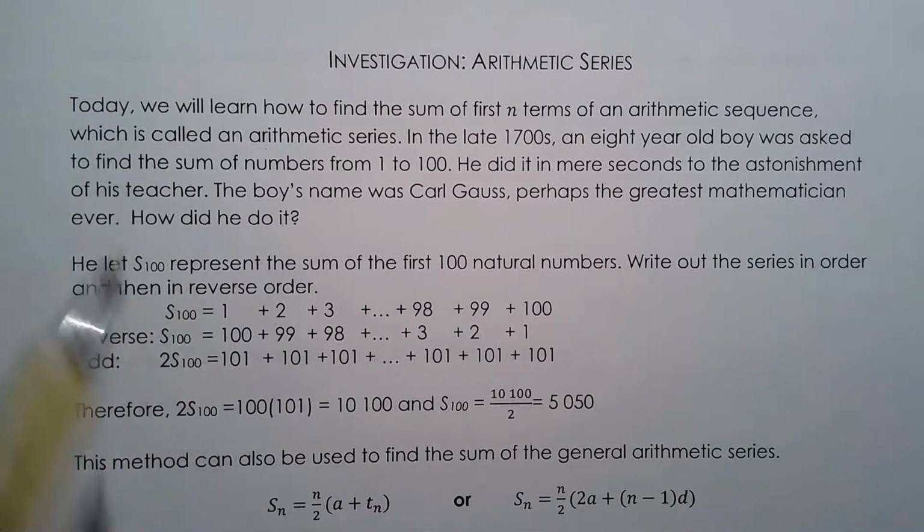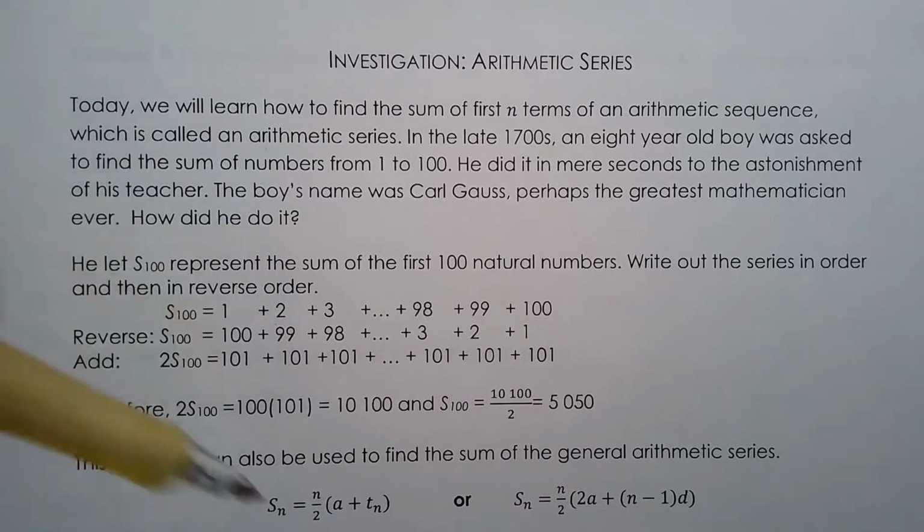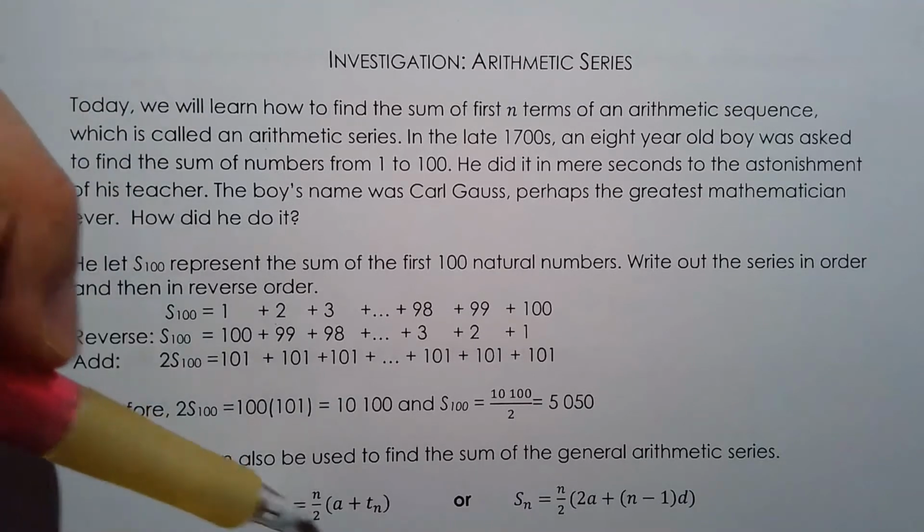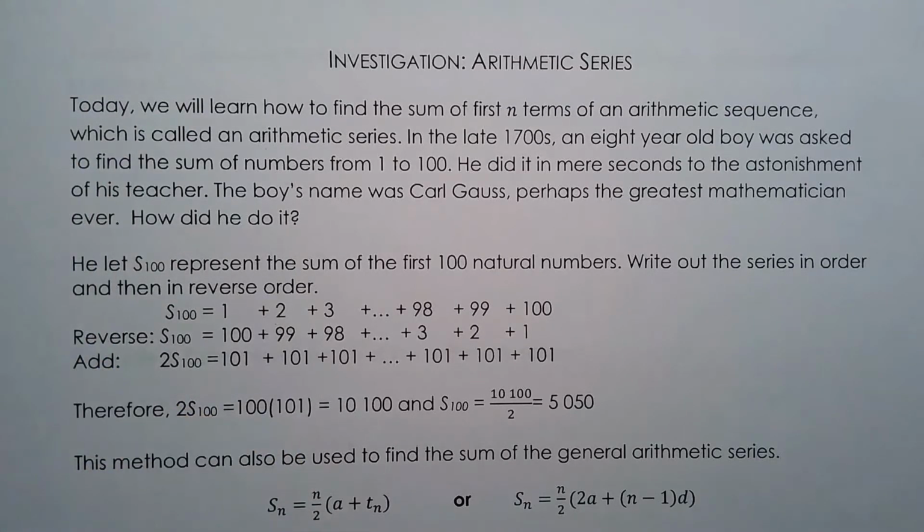But remember, that product is twice as much as what you want. So we're going to take the product and divide by 2. And the last term of the arithmetic series is t sub n, right? So you can use the general term formula, a plus n minus 1 d, to create another version of the arithmetic series formula.